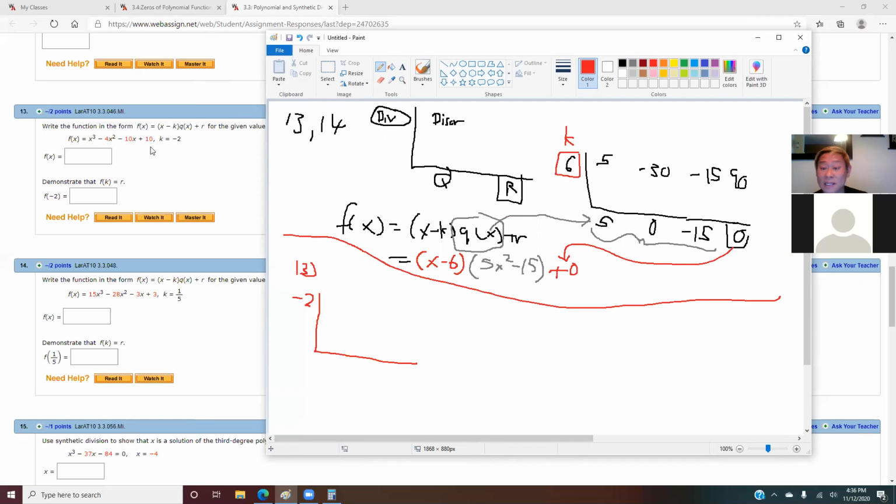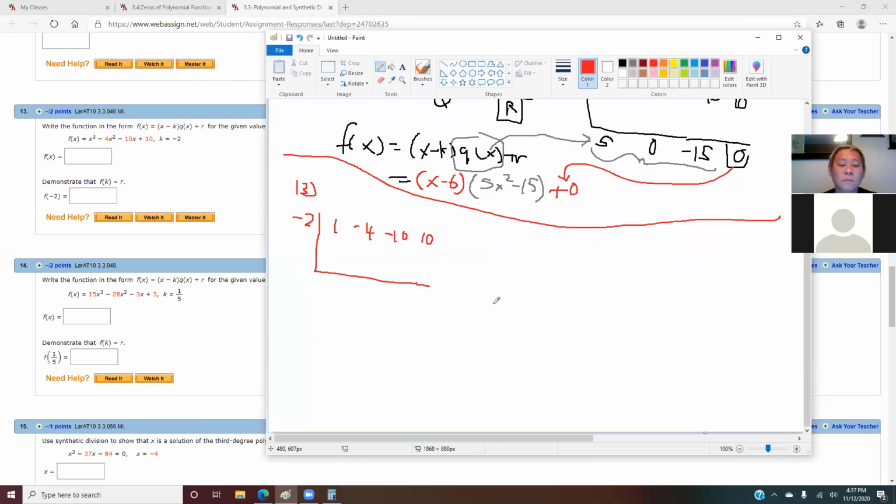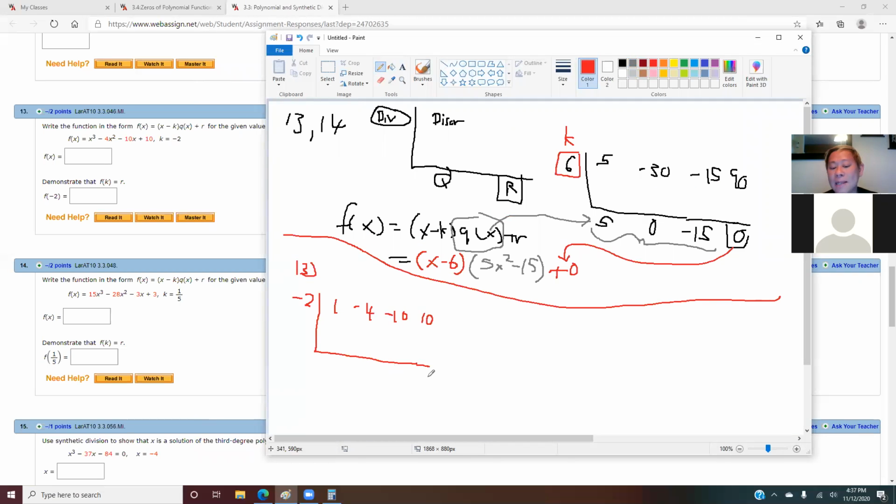It's a lot of repeated synthetic division. This is 1, this is -4, -10, 10. And again, you just give me the last row of numbers here. That's the most important thing. If that's wrong, then we'll look at your second row.